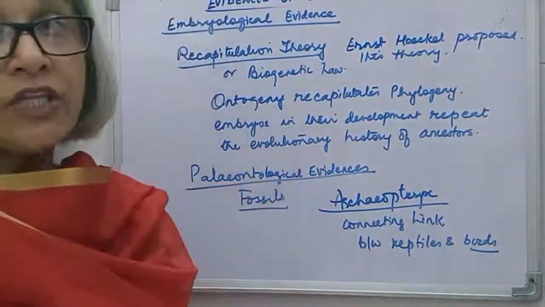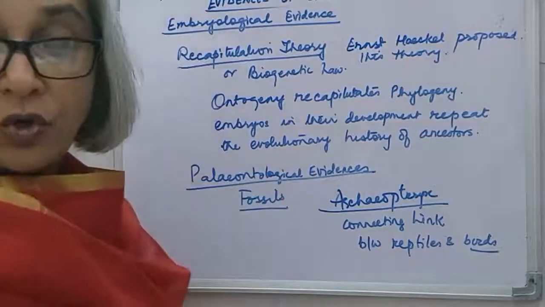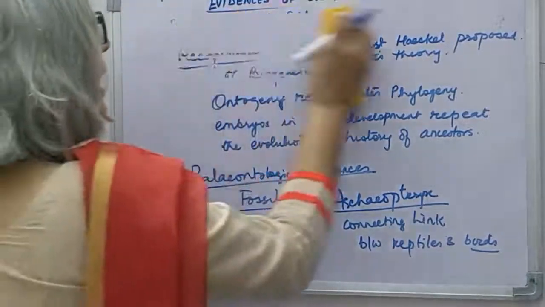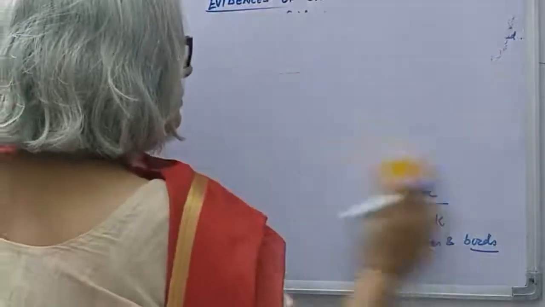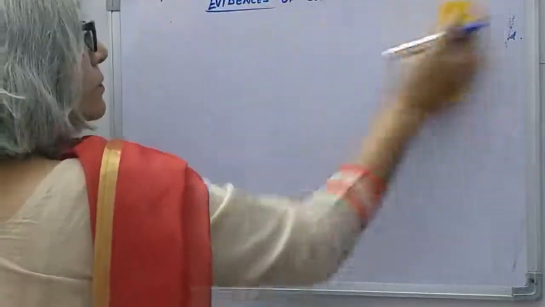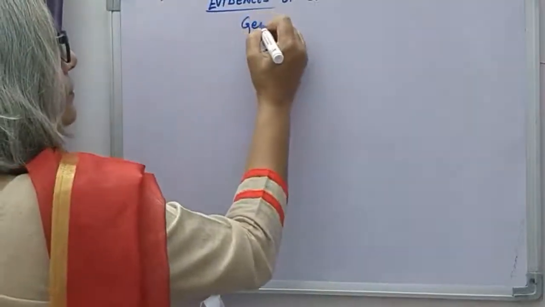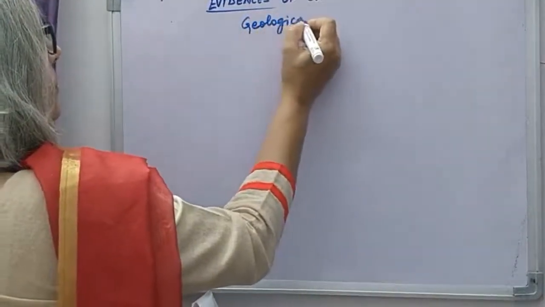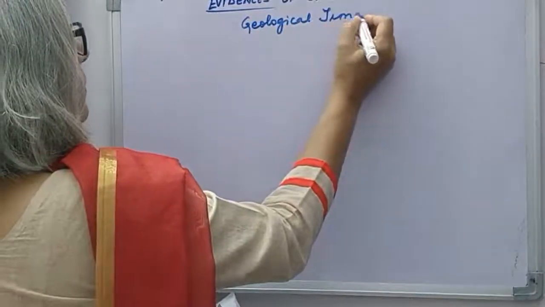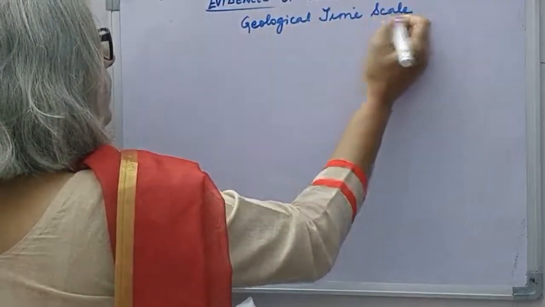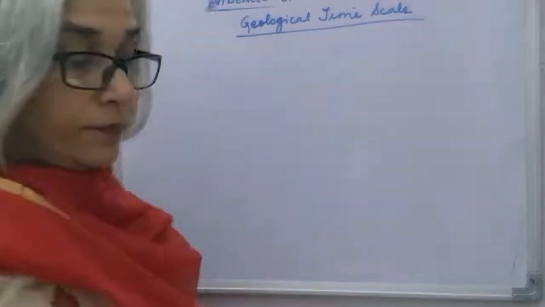Then we come to the next topic, the geological time scale. The geologic time scale covers the whole span of the Earth's history to correlate events in a proper sequence.